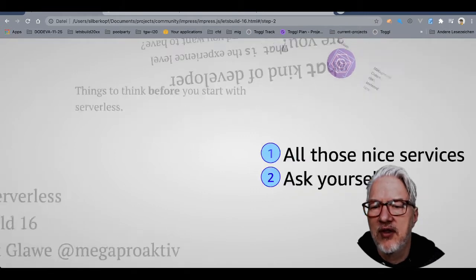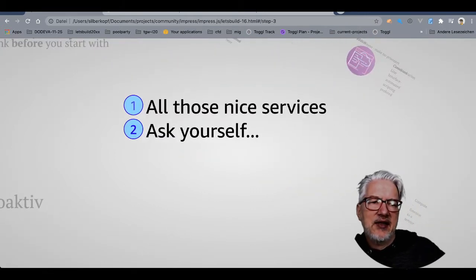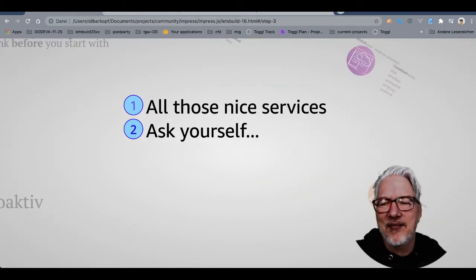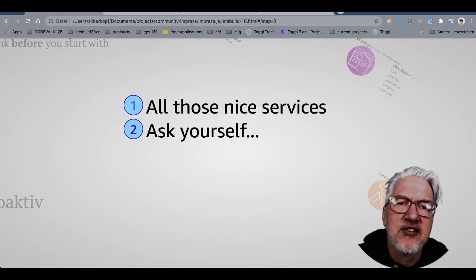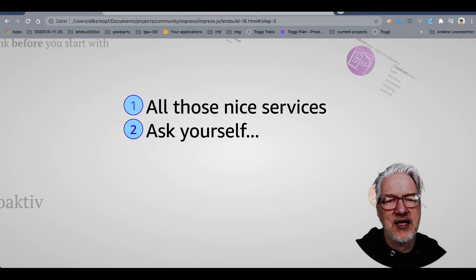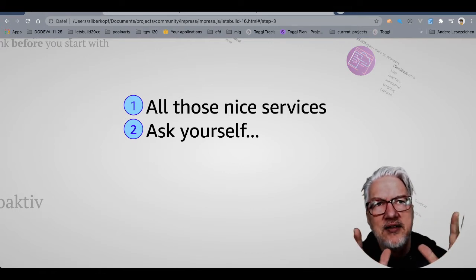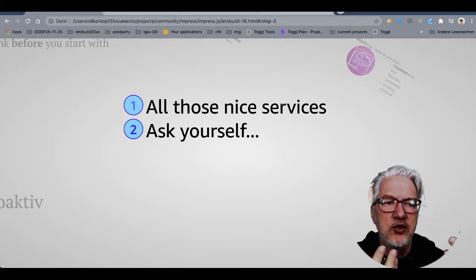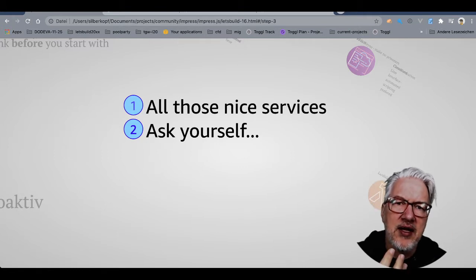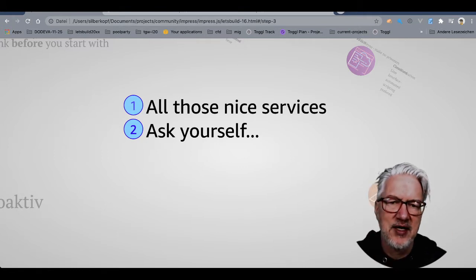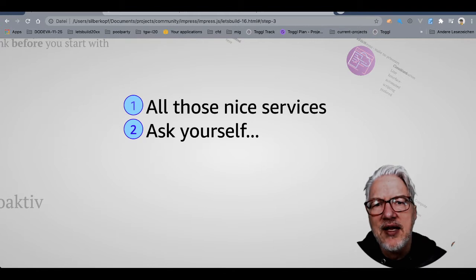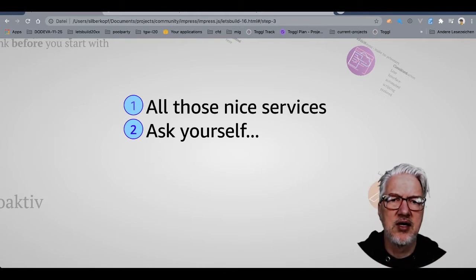What do you have to think about? The thing to think about is there are many services on AWS, and there are different ideas of how to develop. One thing I find controversial is many people are asking, okay, this is Lambda, this is the cloud, but I want to debug locally.